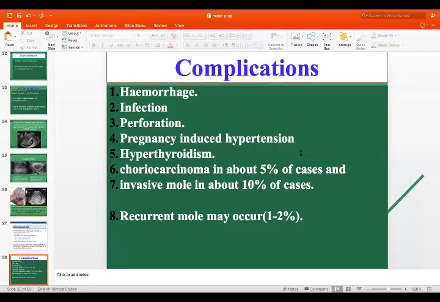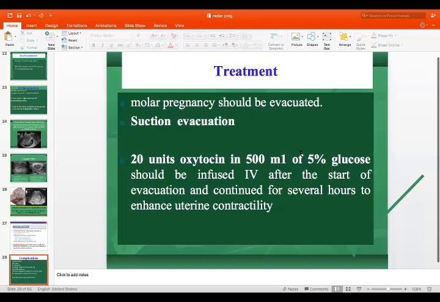In about 5% of cases, there is metastatic tumor that is called choriocarcinoma, and invasive mole which is non-metastatic in about 10% of cases. Recurrence may occur in about 1 to 2% of cases. So complications are hemorrhage, infection, perforation of the uterine wall, preeclampsia before 20 weeks of gestation, hyperthyroidism, choriocarcinoma in 5% of cases, or invasive mole in 10% of cases, and recurrence in about 2% of cases.